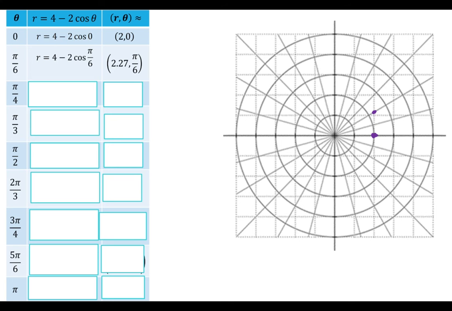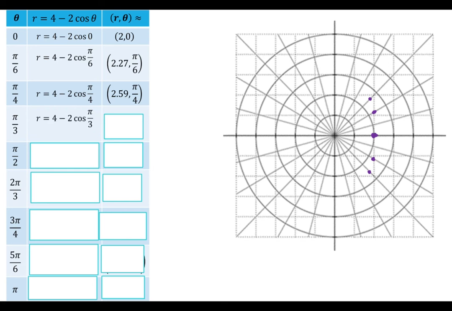So 2.27 at pi 6, it's about right there. Then let's try pi fourths. So that gives me 2.59. And so 2.59 is going to be about right there. And then of course the mirror point. Then try pi thirds. 4 minus 2 cosine pi thirds. That's going to give me 3 at pi thirds. So 3 at pi thirds, but I get the mirror point down here.